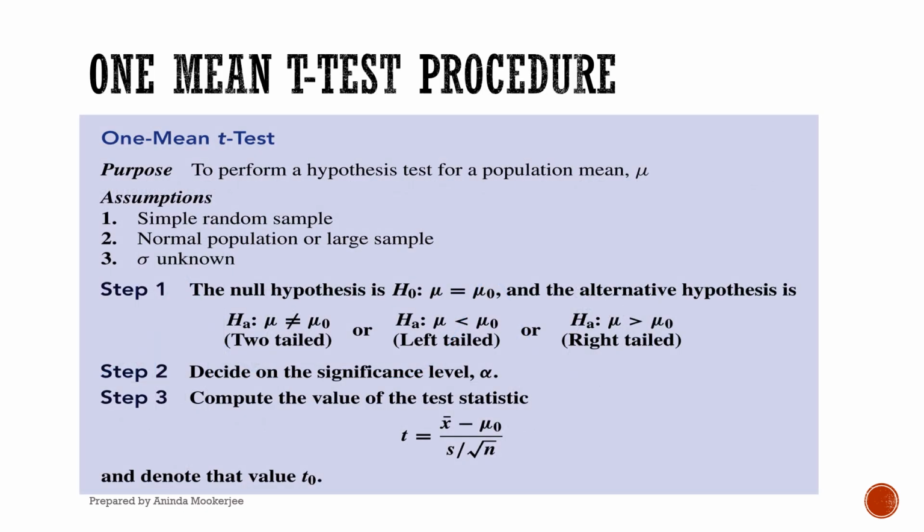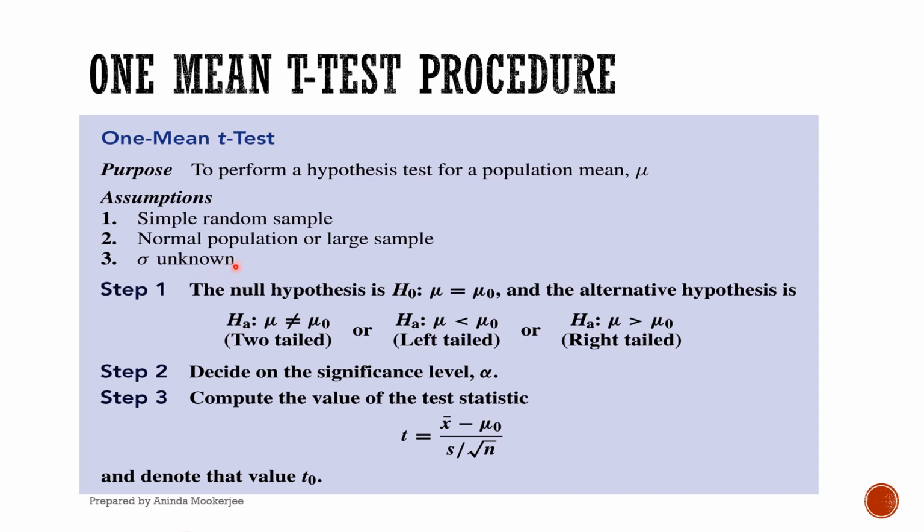Now here are the steps for performing a hypothesis test using the one mean t-test procedure. We use this procedure when the population standard deviation is unknown. When sigma is not known, we cannot use the z distribution because the z distribution uses sigma in its formula. So we wouldn't be able to calculate the z value if sigma is unknown.